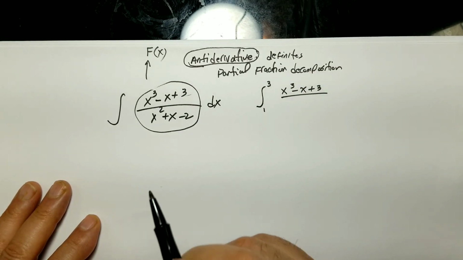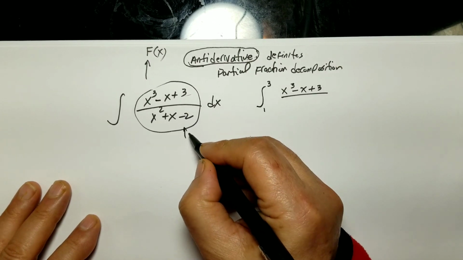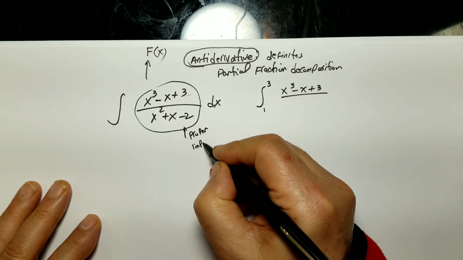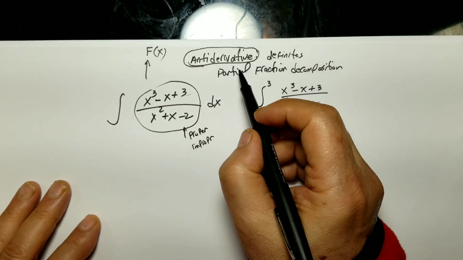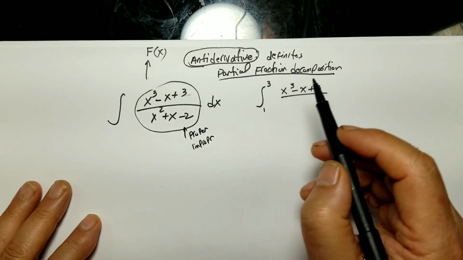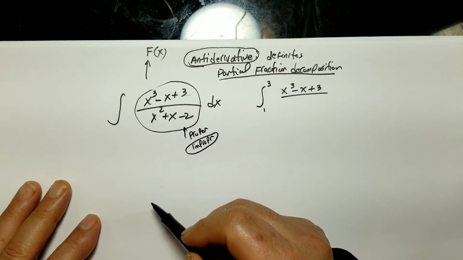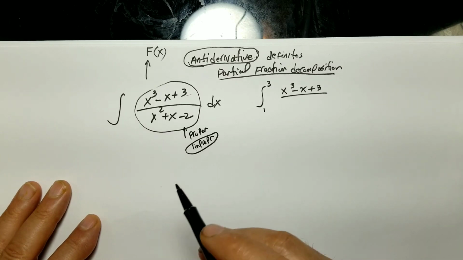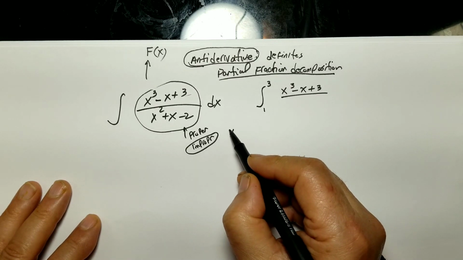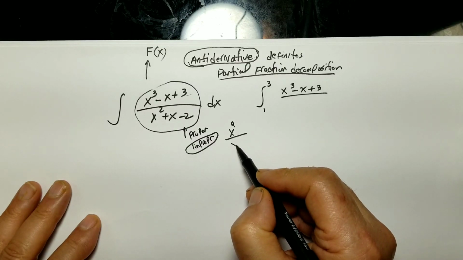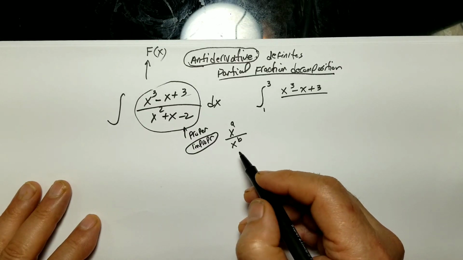But prior to factoring the bottom, you have to determine if this one is proper or improper. You cannot apply partial fraction decomposition to an improper rational function. And we talk about improper: if the leading power on the top is equal to or greater than the leading power on the bottom.